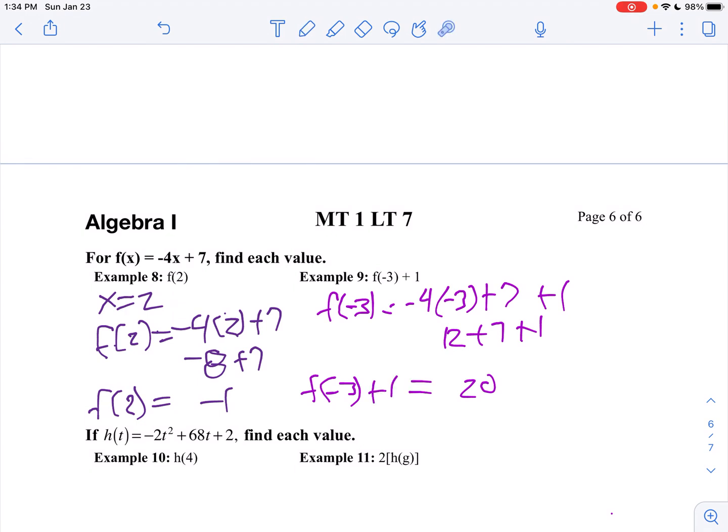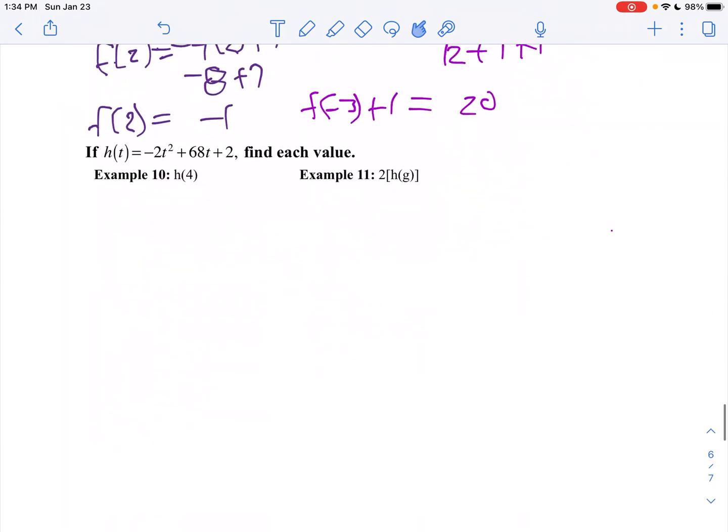Now, if your variable occurs more than once, like in example 10, the only thing that's different is we replace it more than once. So on my next example, I've got this function h of t equals negative 2t squared plus 68t plus 2. So every time I see t, that's my variable. So in example 10, I'm going to find h of 4. I'm going to replace t with 4.